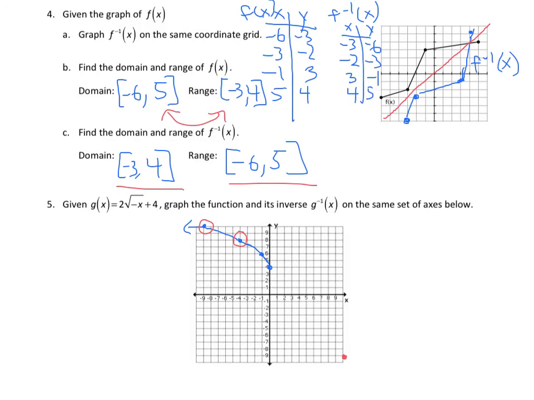I switch those and go to 8, -4. And my next point, -1, 6, I go over 6, down 1. And then the point 0, 4 flips to 4, 0. And there's our graph, g inverse of x.